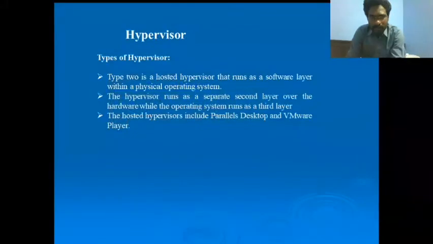Now we are going to see the type 2 hypervisor in detail. The type 2 hypervisor is otherwise called the hosted hypervisor, which runs as a software layer within a physical operating system. The hypervisor runs as a separate second layer over the hardware, while the operating system runs as a third layer.